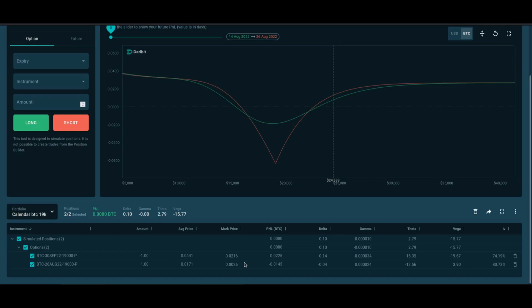So this is basically the idea of volatility trading in options, and this is how calendars work.